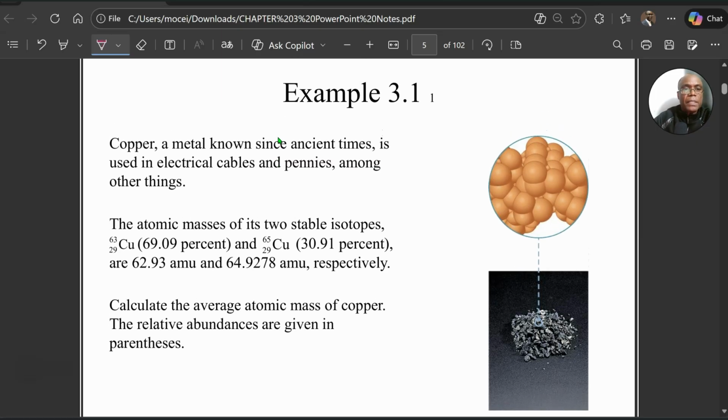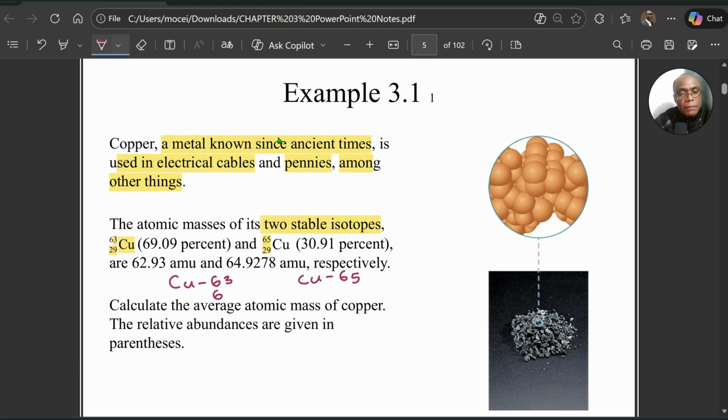Okay, copper, a metal known since ancient time, is used in electrical cables and in making pennies, the coins, among other things. The atomic masses of two stable isotopes of copper is given as 63 and 65. So what this is telling me is that I have copper 63 and I have copper 65.